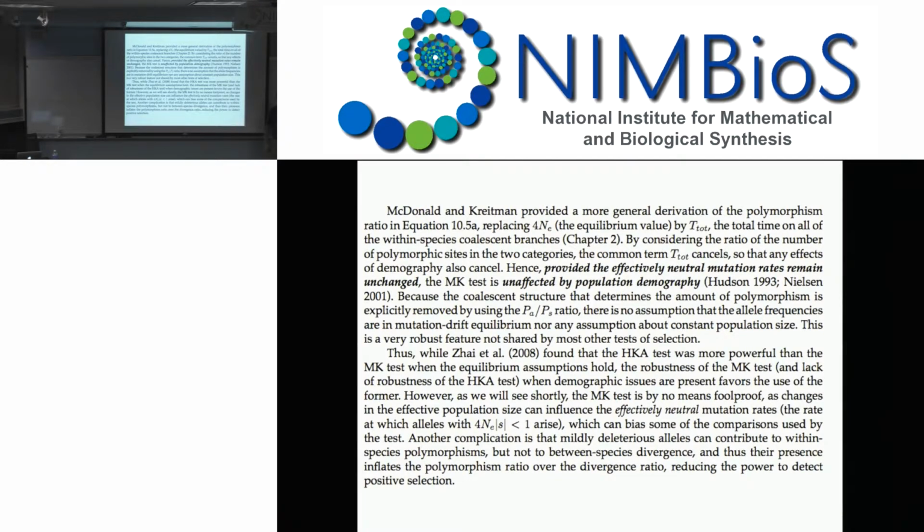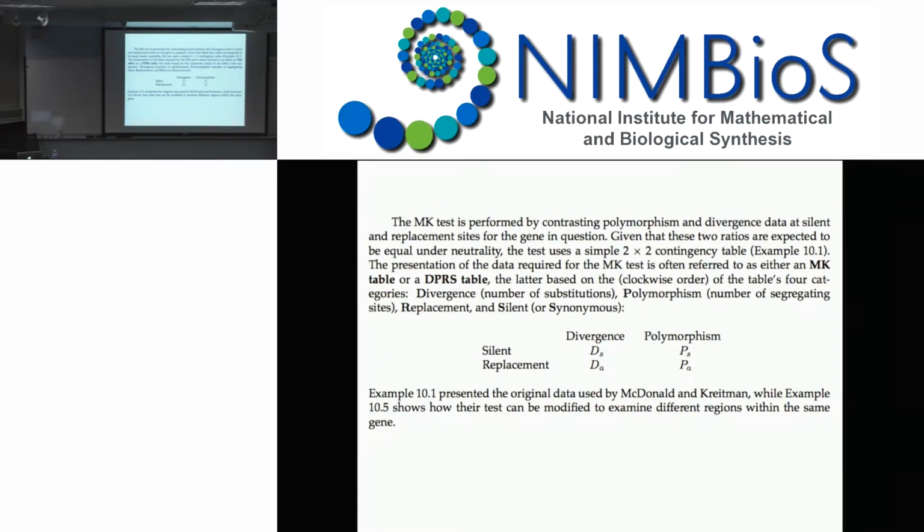That's because you can have non-equilibrium populations generating your polymorphism. It's the fact you're looking at the ratio of those two polymorphisms. That common effect that influences both things in the same gene cancels and goes away. If the effectively neutral mutation rate is the same in the polymorphism phase and the divergence phase, it's completely unaffected by demography. As we'll talk about a little bit, demography can actually influence that, and that can change the test.